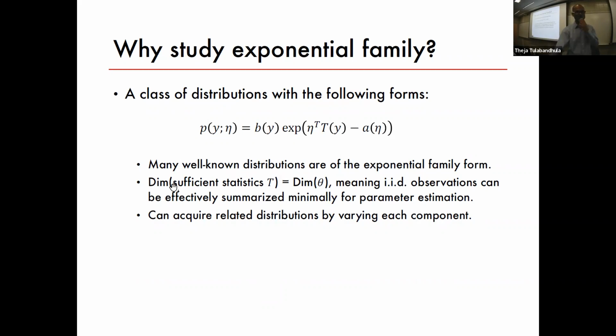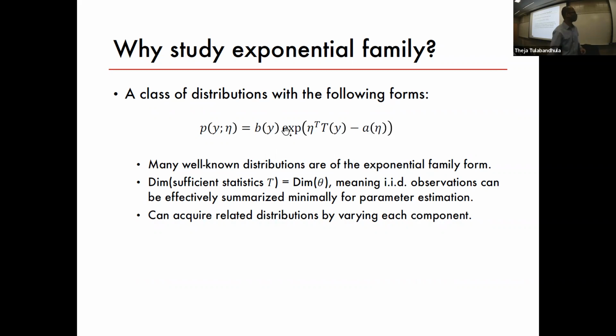These exponential families have some nice properties. The dimension of the sufficient statistic doesn't change; it's exactly the same as the dimension of the parameters involved. You can get different members of this exponential family by just changing the base measure, the sufficient statistic, or the a.